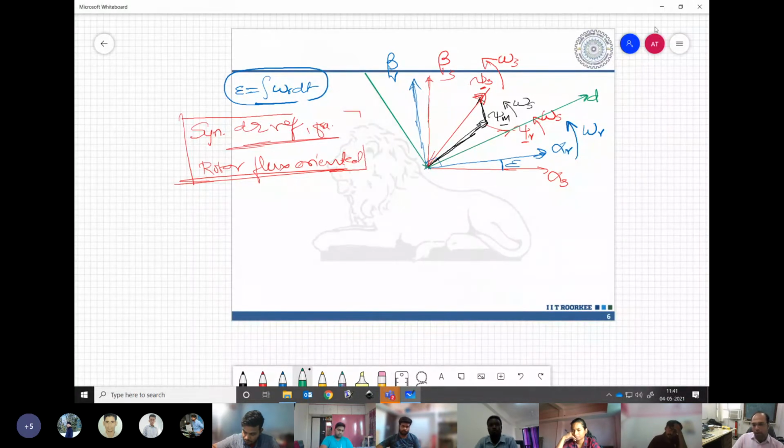So my d-axis is along the rotor flux. That is what by definition we are saying. The direct axis is along the rotor flux. That is the meaning of rotor flux oriented reference frame. And the q-axis is leading that. Understanding my point?